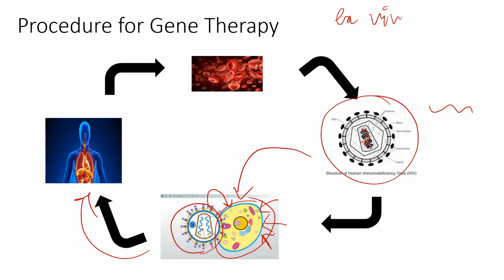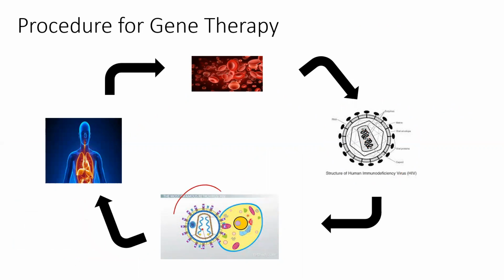Ex vivo means that we take cells from the human body, allow the retroviral vector to infect the lymphocyte cells in the laboratory, and then transfer the cells back into the patient.